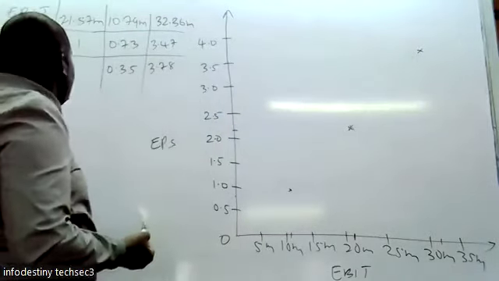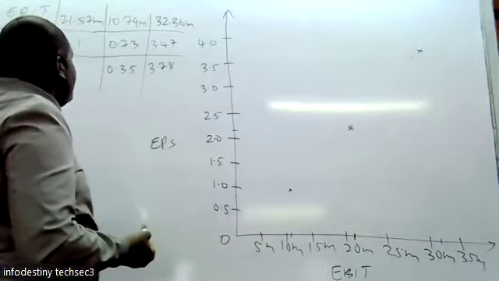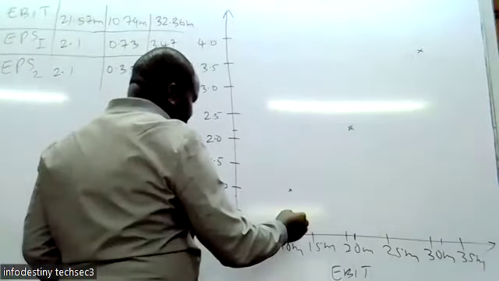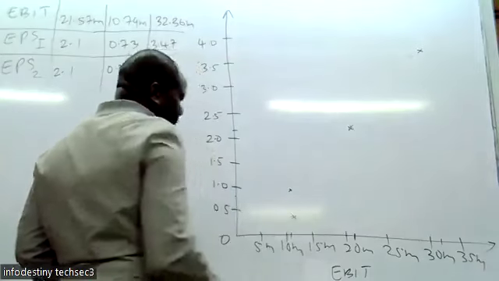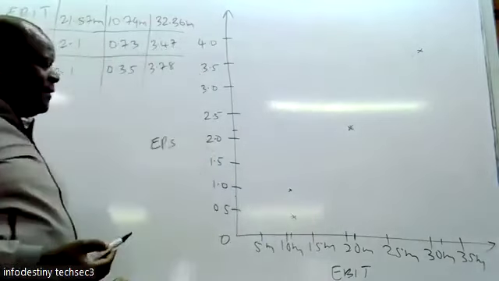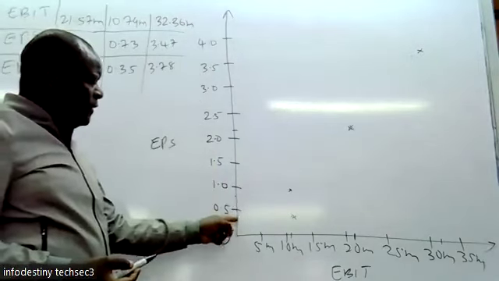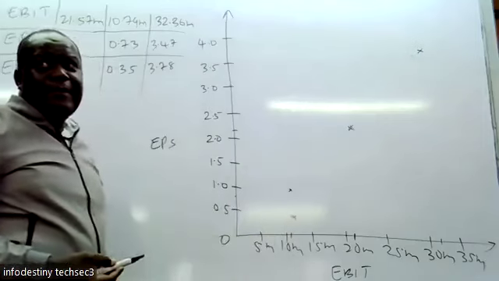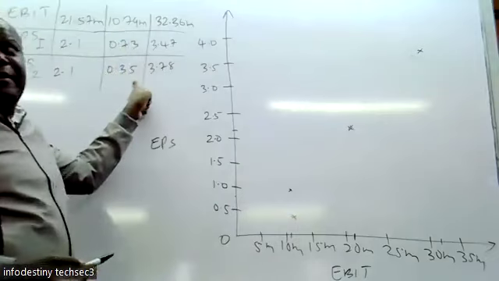Then when it is 10, the earnings per share is 0.35.